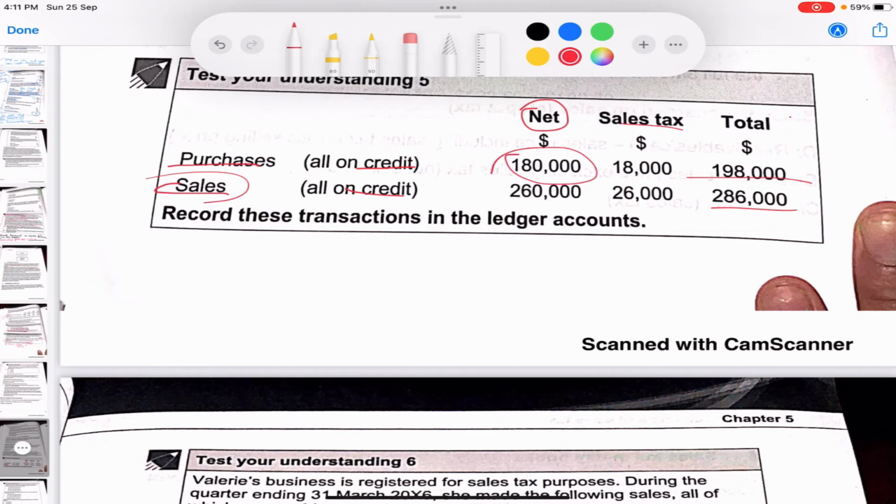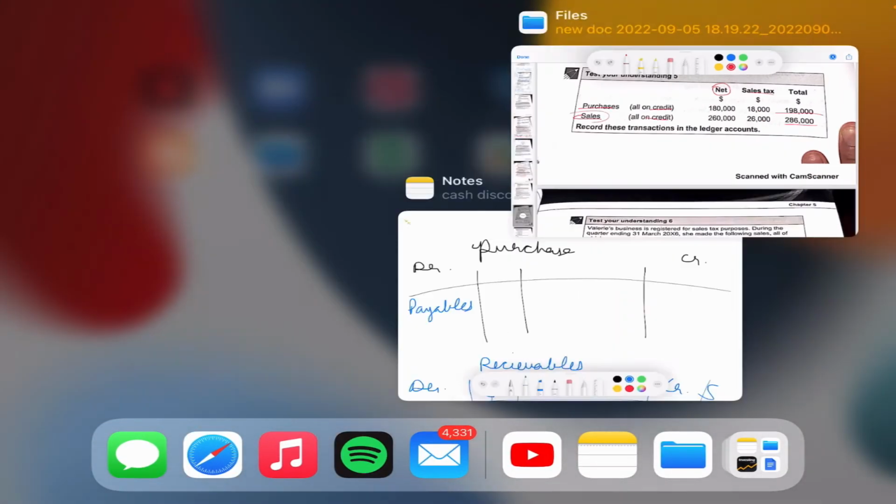We are always going to use the net value. Why? Because purchases are recorded net of sales tax, as this is not a cost to the business. So the sales tax or the purchase tax is not a cost to the business. So we are always going to have the net value and not the gross value.